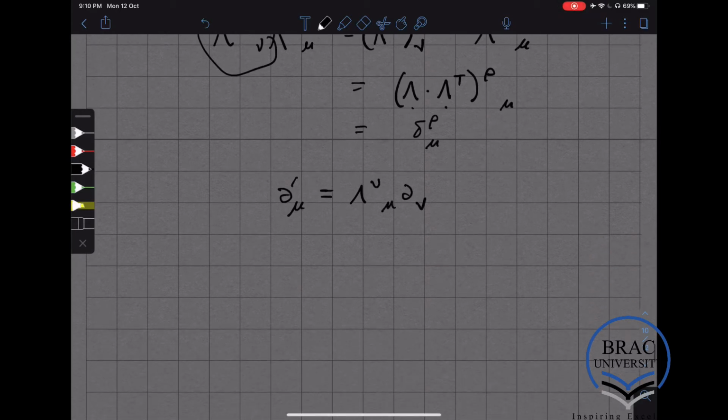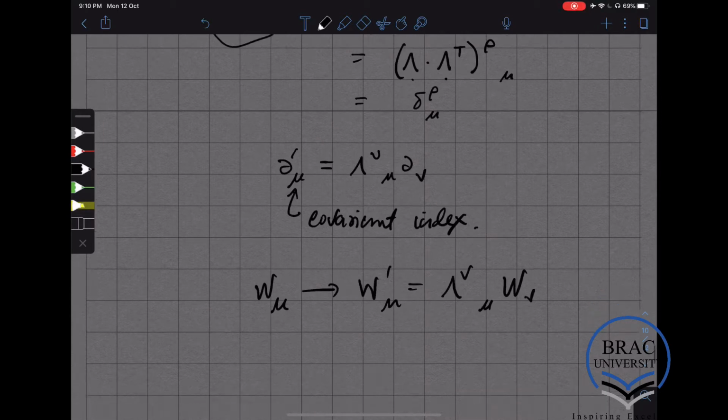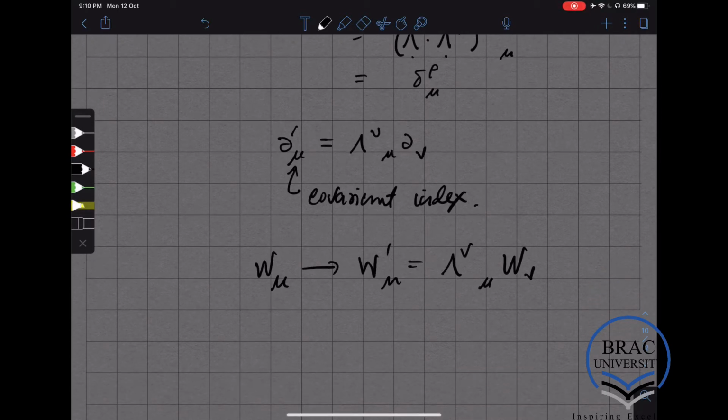So this is an example of an object with a covariant index, and any vector, say w of mu, which transforms in this way, w prime of mu is lambda mu nu w of nu, is called a covariant vector.